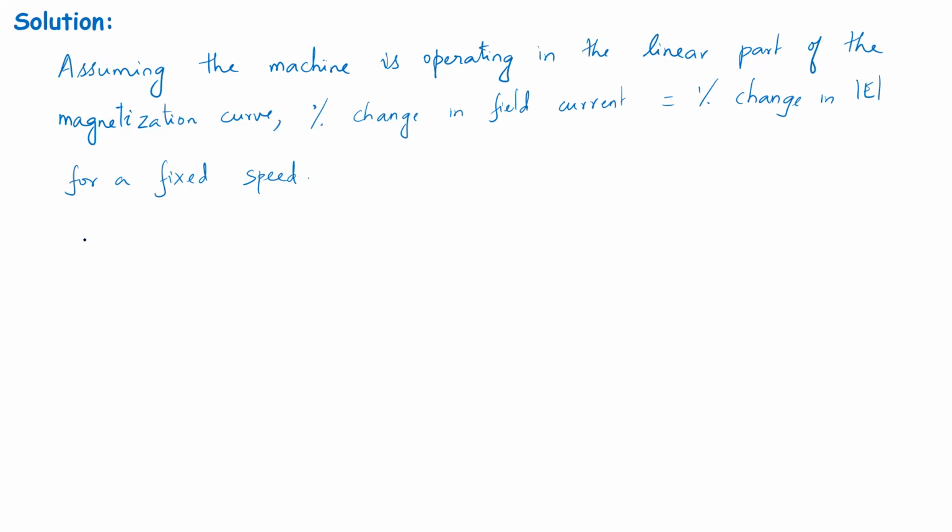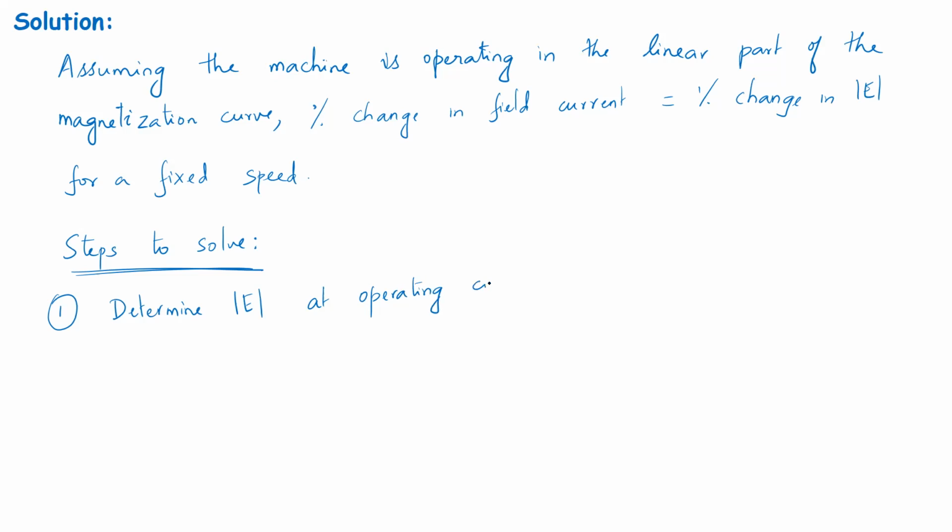So what I have to do is to solve the problem. Let me write the steps to solve. The first step is to determine the magnitude of E at operating conditions 1 and 2, and then take the ratio.